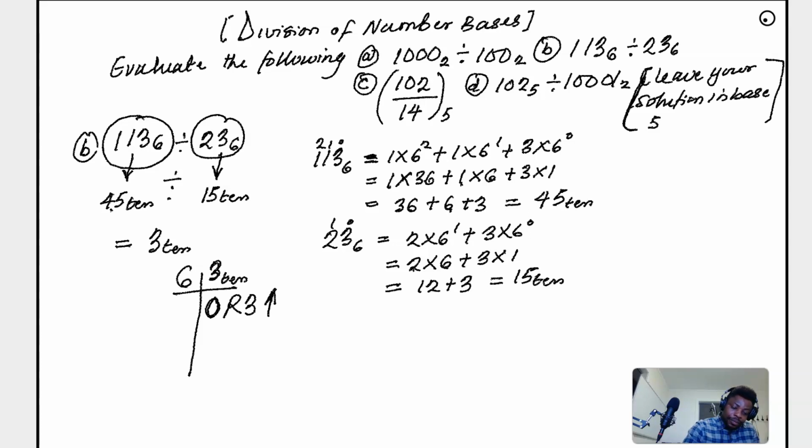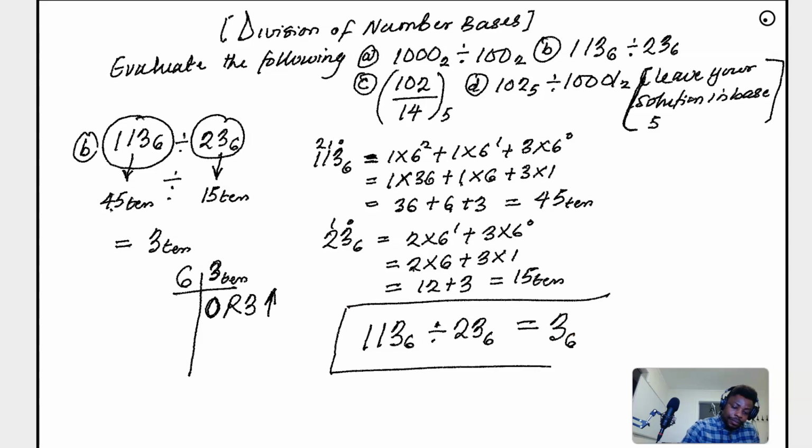So here, 113 base 6 divided by 23 in base 6 is equal to 3 in base 6. Easy.